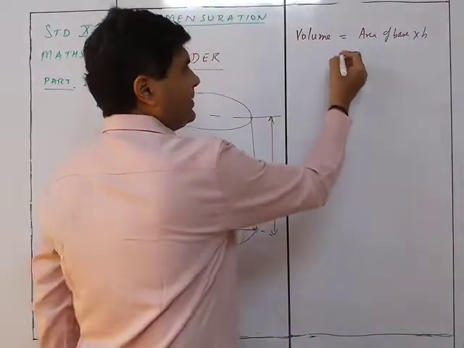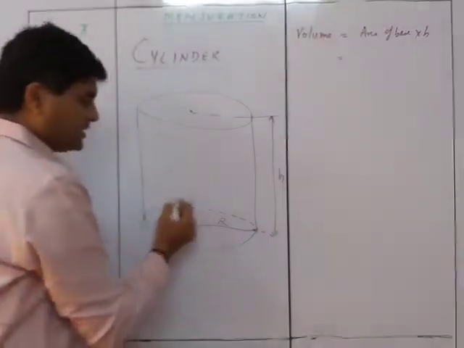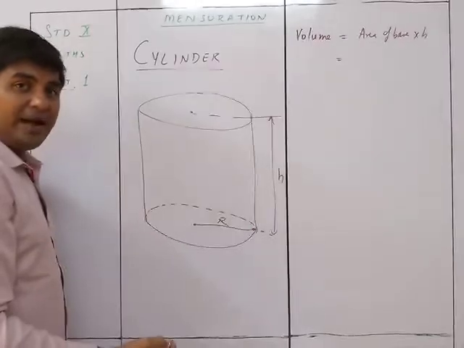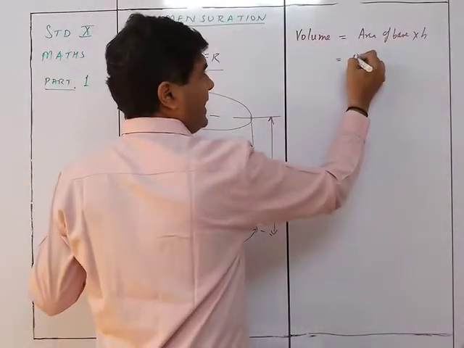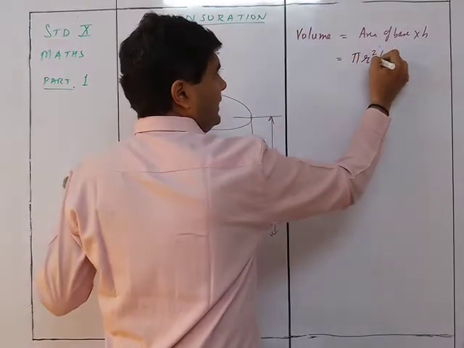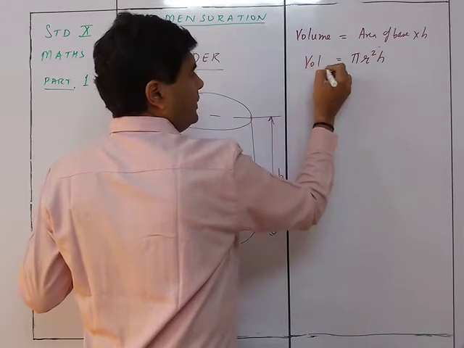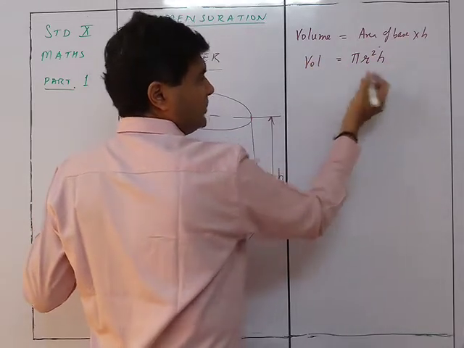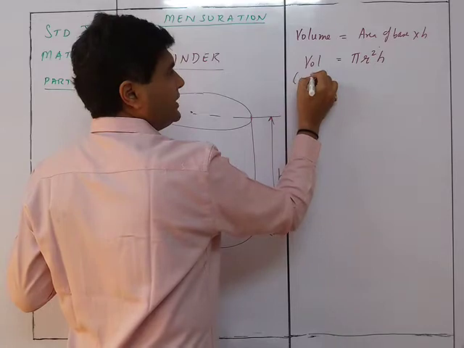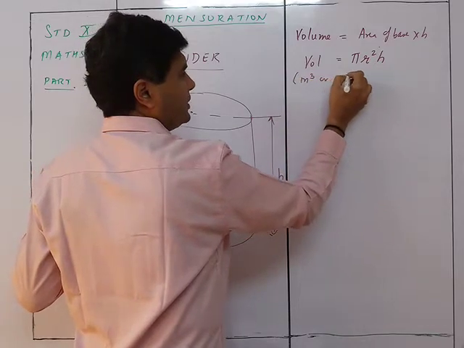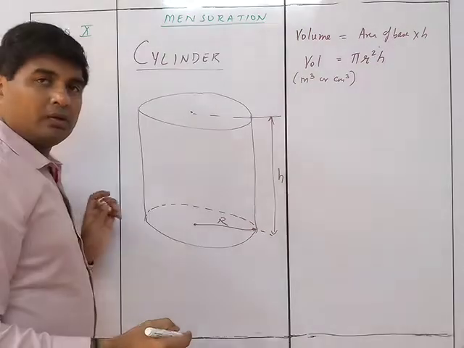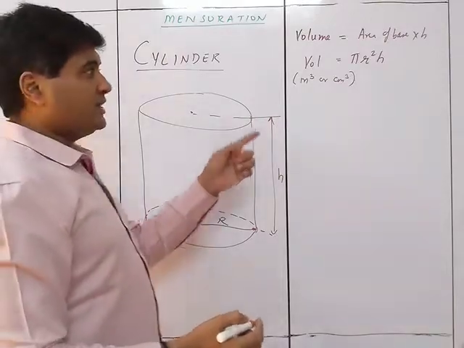What is the area of the base in this case? The base is a circle. What is the area of the circle? Pi r square. That's why the volume will be equal to pi r square h, which is going to be in meter cube or centimeter cube. Got it? So this is the volume.